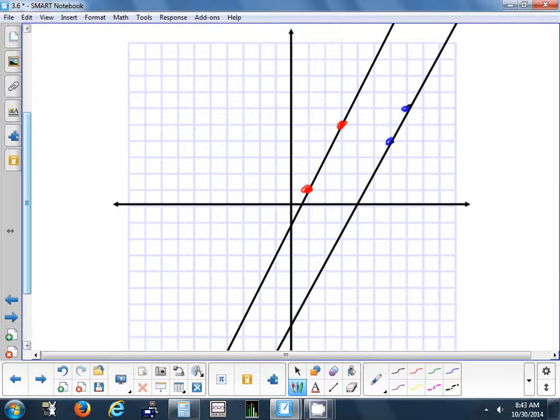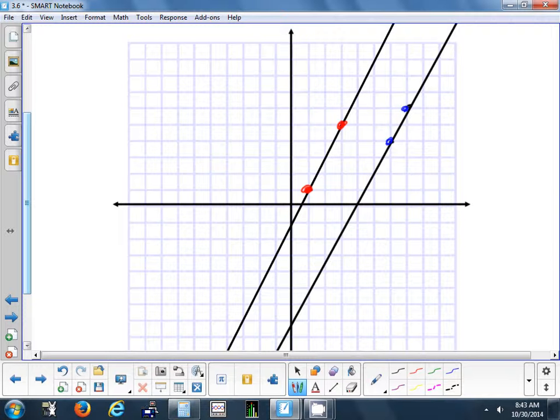When I'm doing slope, the first thing I like to do is just look at the line and figure out, okay, it's in the positive direction. So if you go up and to the right, that's a positive slope. If you went up and to the left, that would have been a negative slope. But hopefully everyone remembers that from Algebra 1.